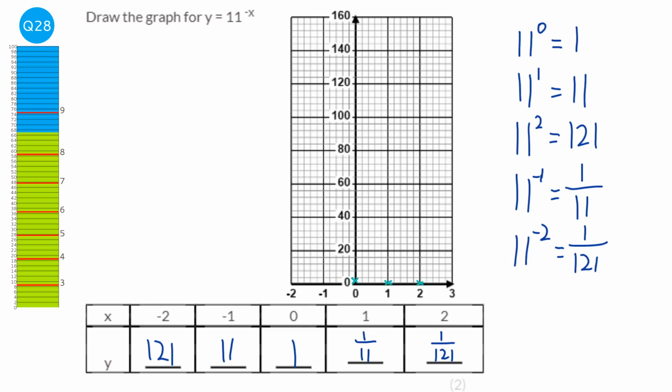Then we've got this next one's at 11, so roughly there. And then we've got 121, which is roughly there. And for these kind of graphs, they are very forgiving in the exam. And so we just need a smooth line to join them up. And this is the part here that is not easy to do. Something like that.